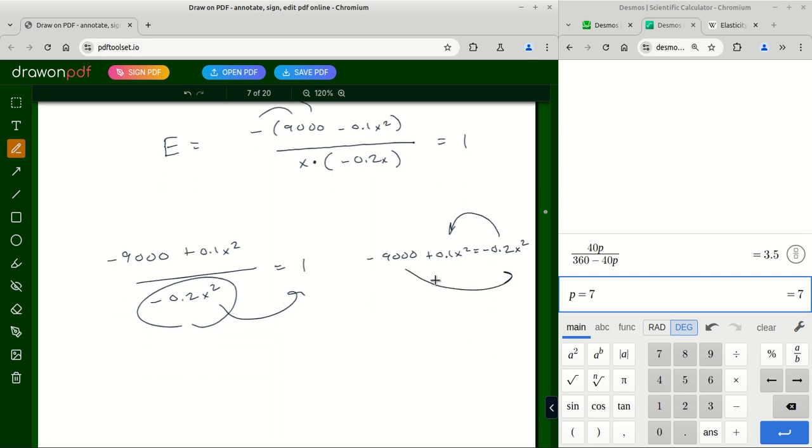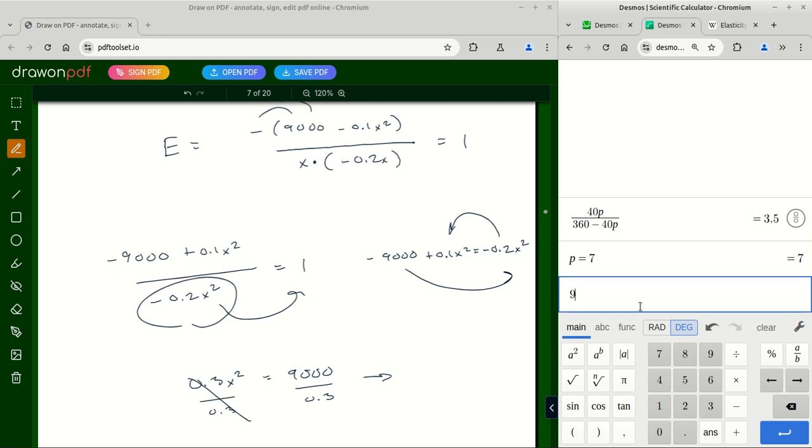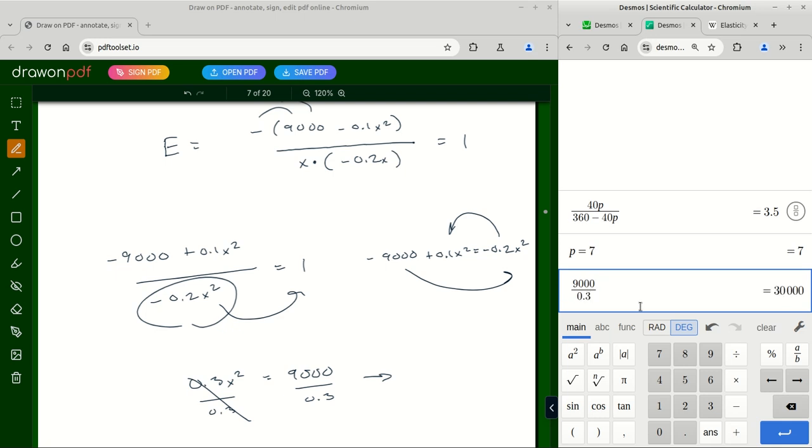What you get is 1 plus 2 equals 3x squared, and then 9,000 is now positive on the other side. Divide by the 0.3, which I did in Desmos, and I got 30,000. Now, recall that's x squared.